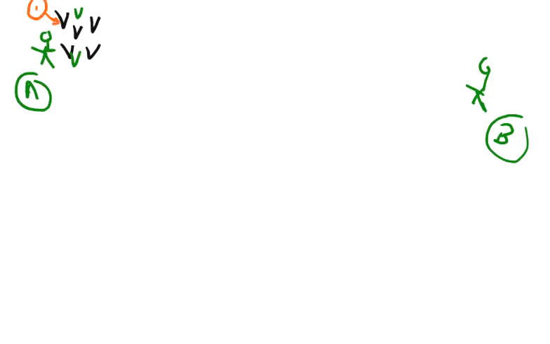So if this is packet 1, pigeon 1, and this is packet 2, pigeon 2, then they will reach in the same order, because they are trained in such a way.